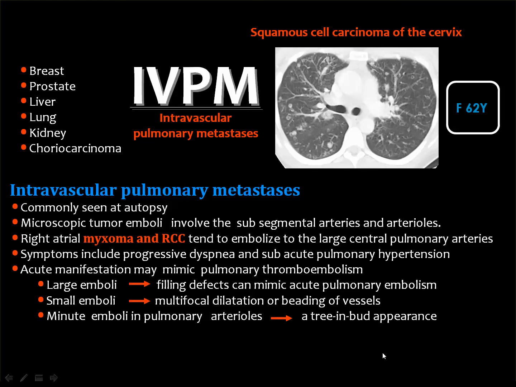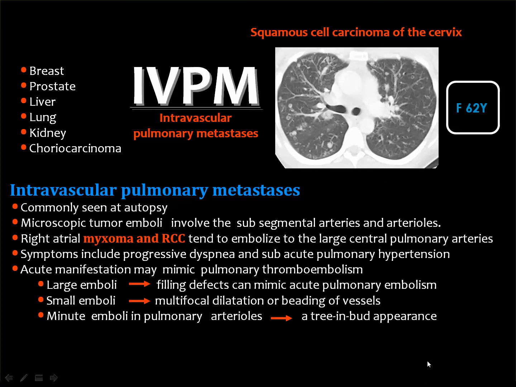Now we come to the intravascular pulmonary metastasis, which means that pulmonary metastases came through the pulmonary artery, and if they are small enough, they can pass to the periphery of the pulmonary circulation, forming the miliary shadows.